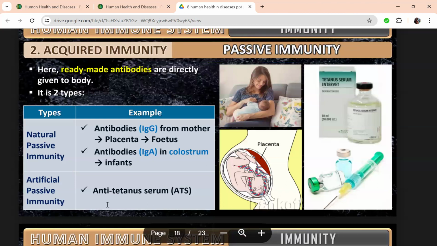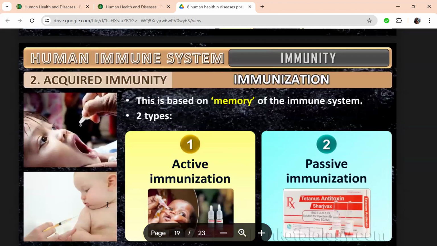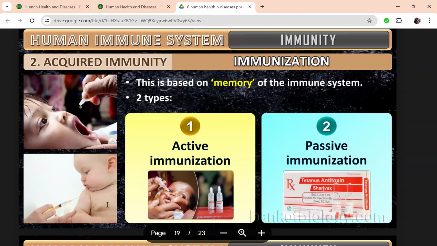So that is natural passive immunity, whereas artificial passive immunity is anti-tetanus serum. So most of us take tetanus, right? If we harm ourselves or hurt ourselves, we take tetanus. So that is artificial passive immunity. So antibodies are there. I'm injecting the antibody directly into the body.